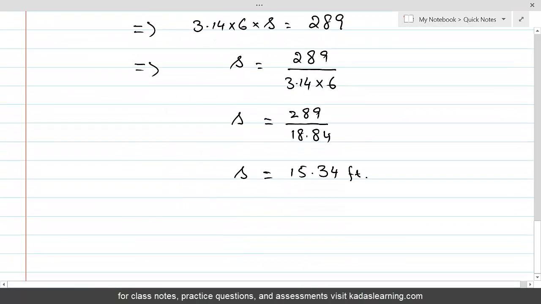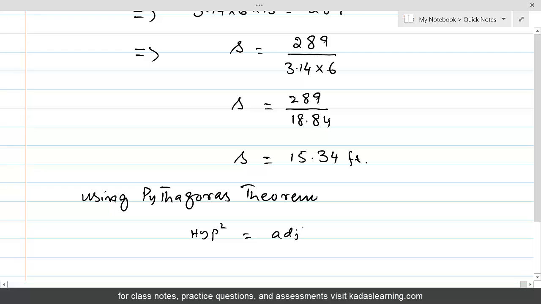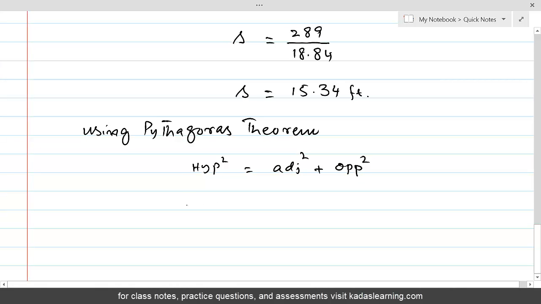Using Pythagoras theorem, hypotenuse square is equal to adjacent square plus opposite square.